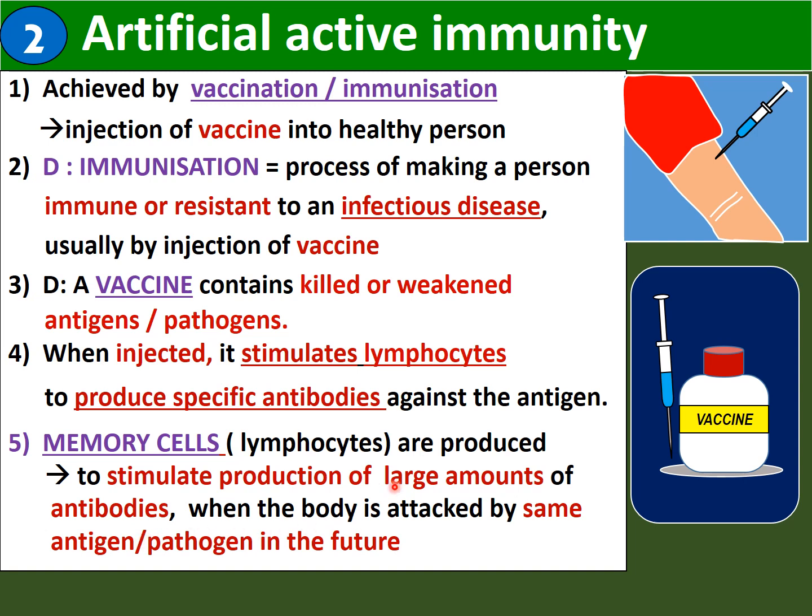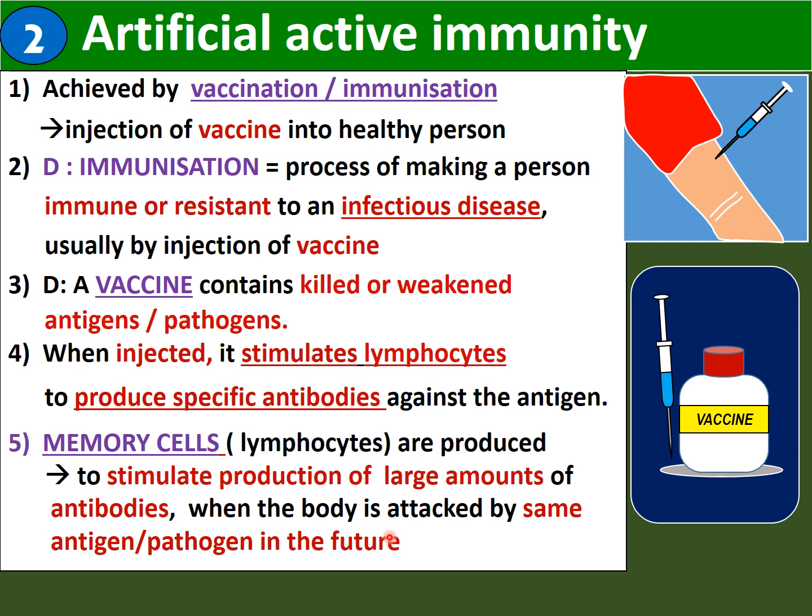So notice that in vaccination, the person did not fall sick naturally. He was just given an injection that contained the weakened or dead antigens or pathogens to help his lymphocytes produce that specific antibody and to help the body have some memory cells, which are long-living lymphocytes that already can produce that specific antibody.